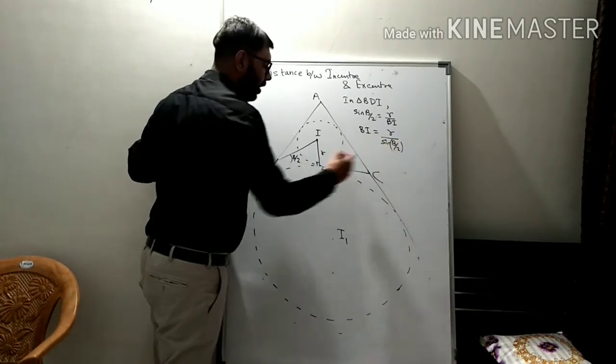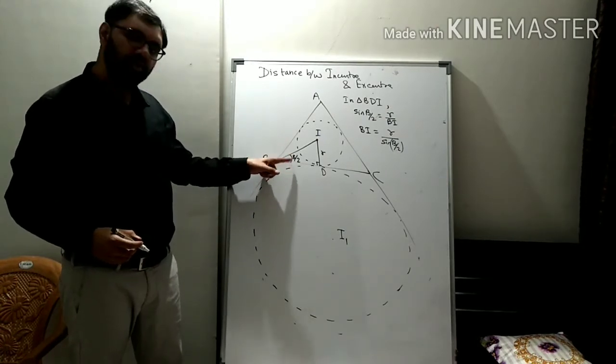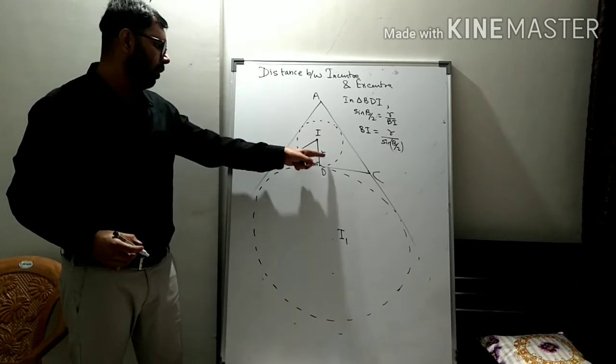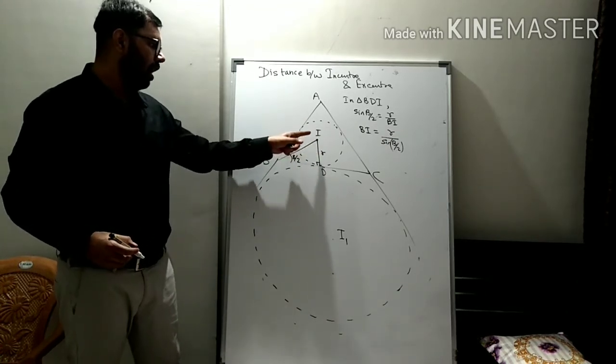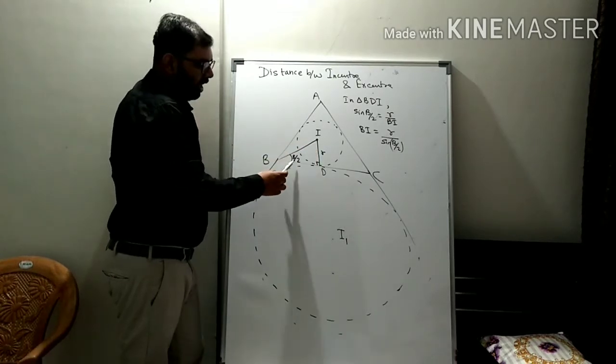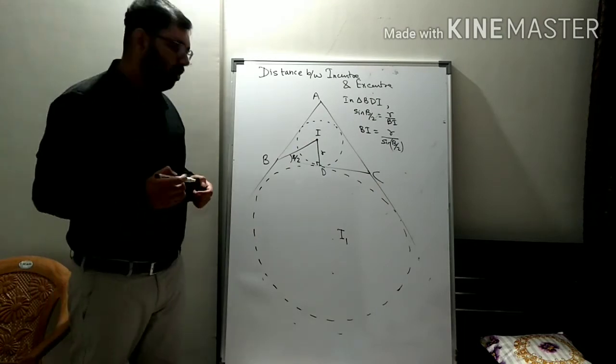This is simple trigonometry, a right angle triangle. The complete angle is B, therefore this will be half angle, B by 2. Sine theta is perpendicular upon hypotenuse. R is already known to us, so BI is r upon sine of B by 2.